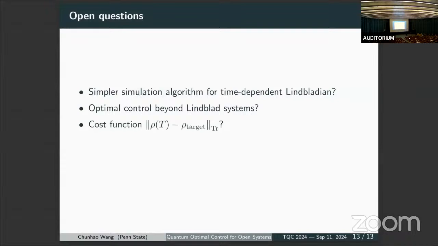The presented cost function is to maximize the expectation value, right? But what if you just want a specific target state, and the objective function can be the trace distance between your final state and the target state? Then if you can estimate the gradient of this objective function, you can solve this optimal control problem.